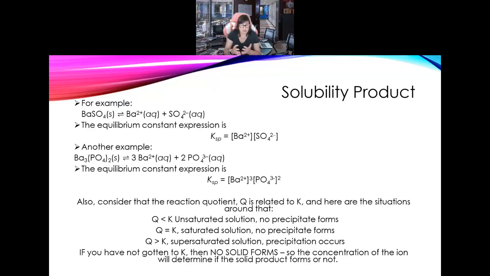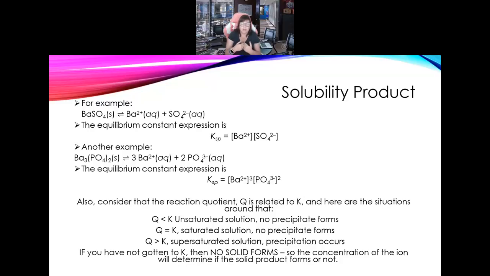And we need to consider the reaction quotient Q that's related to K. If we have a situation where Q is not equal to K, we're not in equilibrium, and we can determine what is going on with that. Now, if Q is less than K, I haven't hit equilibrium yet, so I will never form a precipitate in that case. If Q is equal to K, then that's defined as a saturated solution, and I have not formed a solid.